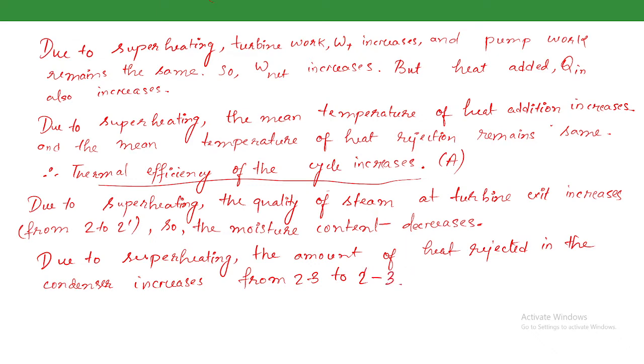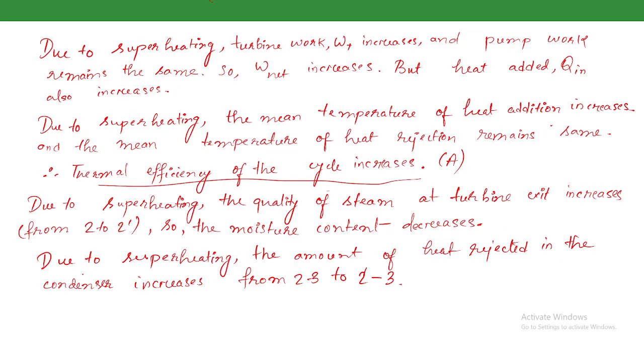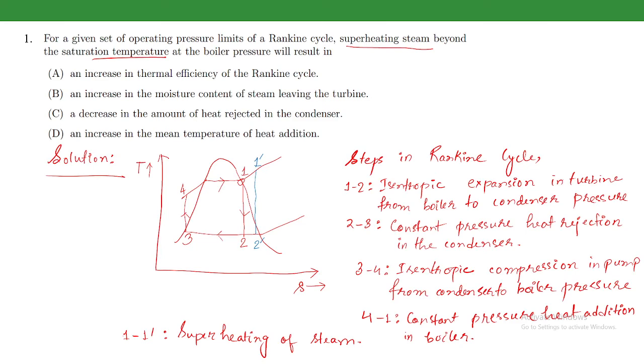So it says that there is a decrease in the amount of heat rejected, so option C is also incorrect. Now the last option is an increase in the mean temperature of heat addition.